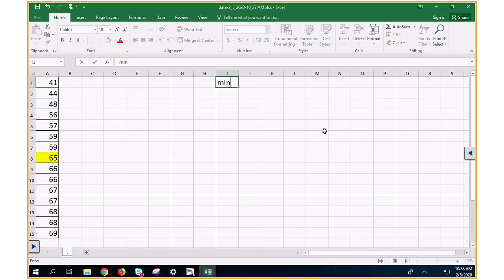So, min, first quartile, second quartile, third quartile, and max. Now I'm going to do the max and min for y'all. I'll calculate that. Better color it so everybody knows where it comes from. The things I do for y'all.